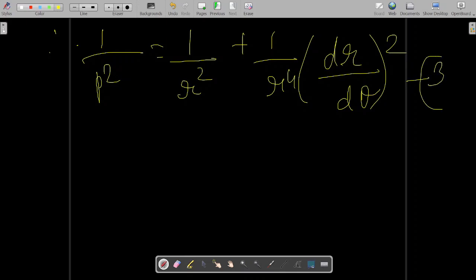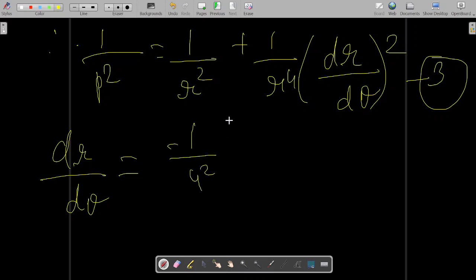This is your equation 3, and the value of dr by d theta which you got is equal to what? Dr by d theta has come out to be this, right. Now put this value in this.